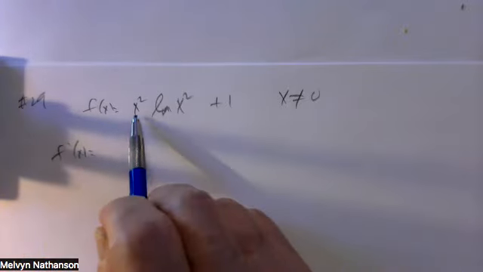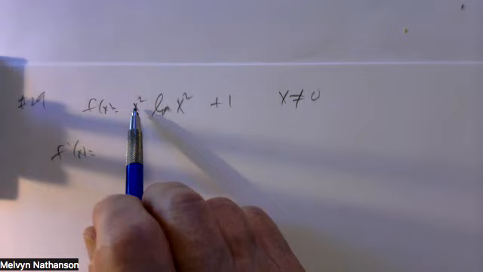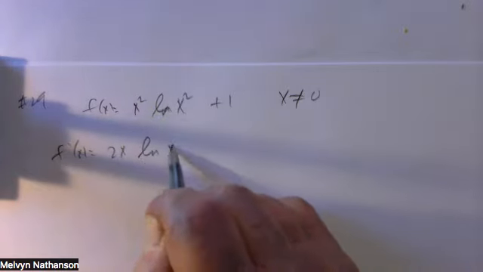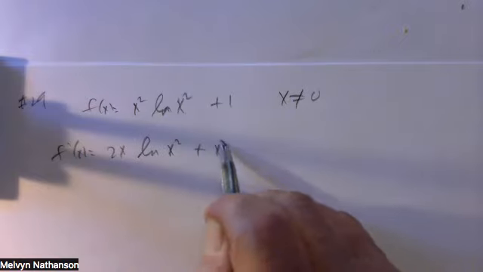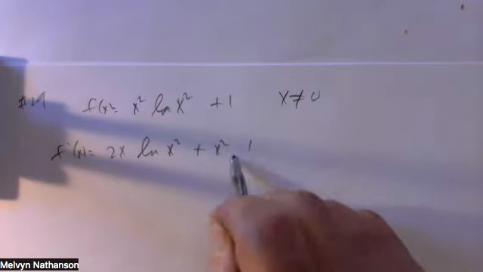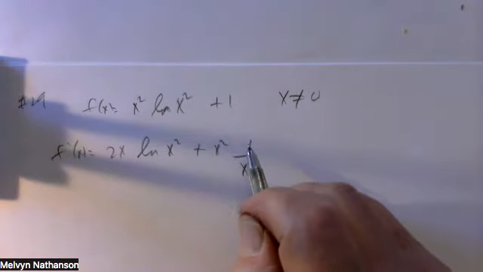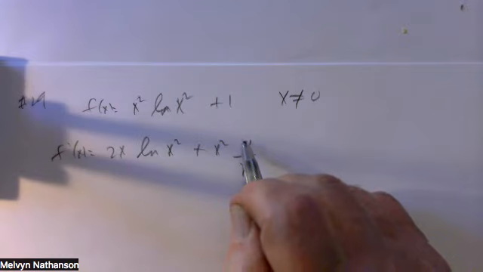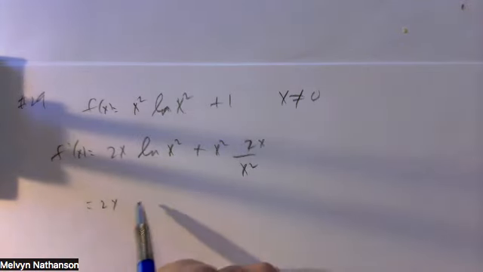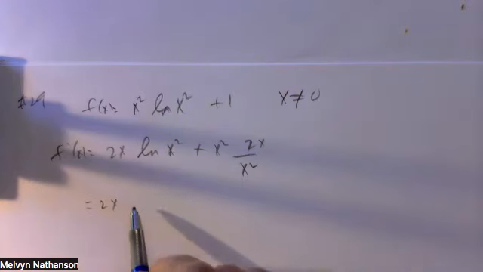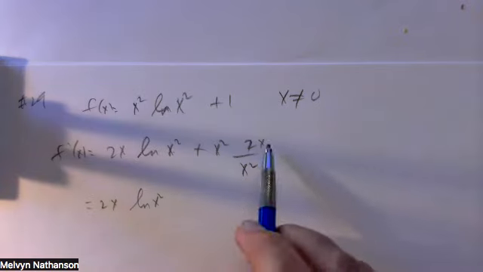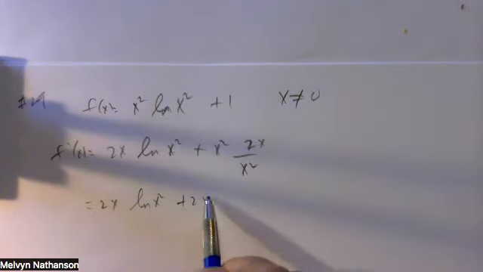F prime of x, by the product rule, is the derivative of x squared, which is 2x, times the log of x squared, plus x squared times the derivative of the log of x squared. That's 1 over x squared times the derivative of x squared, which is 2x. So we get 2x times the log of x squared, I'll just leave it like that for a moment, and here I have plus 2x.